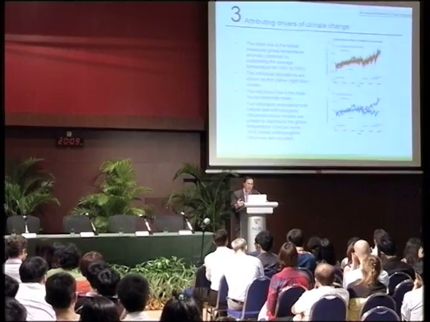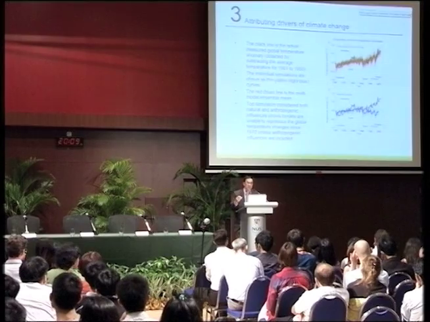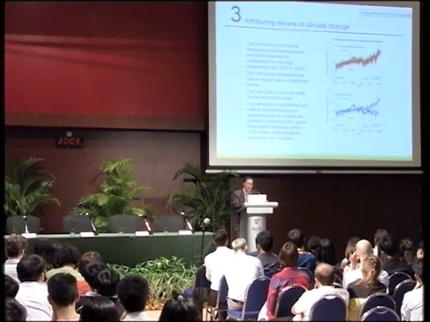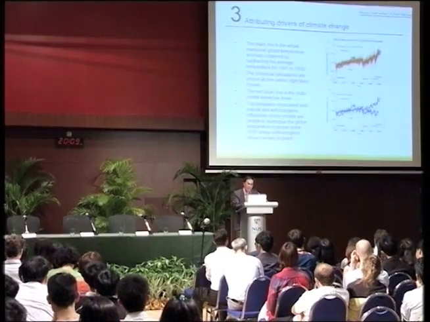But in the lower chart, the blue line indicates the global climate models run without the greenhouse gases incorporated. So in that case, it doesn't really agree with the observations.